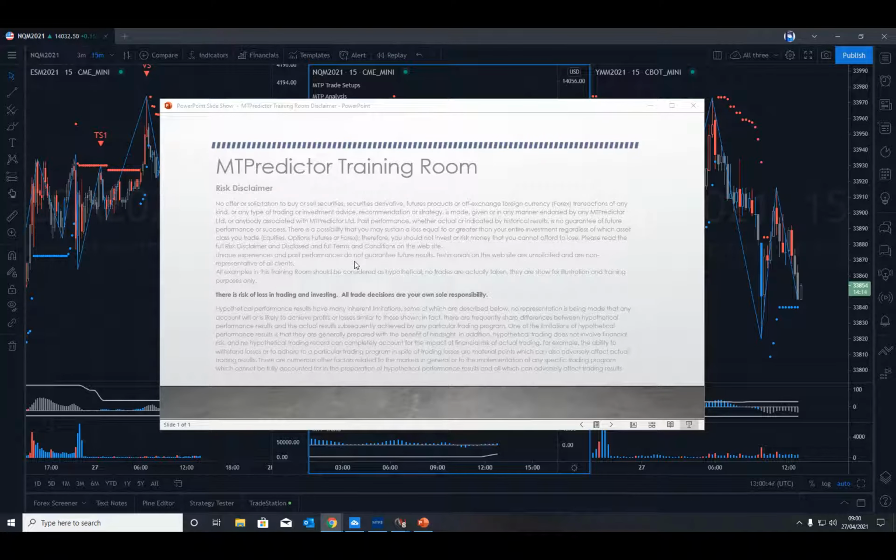There's a question and answer box. If you move your mouse over to the left-hand side of the screen, you can type in your questions there. Just let me know whether you can see everything okay.